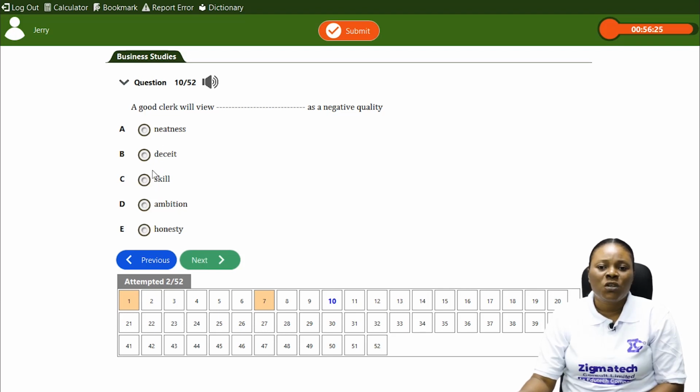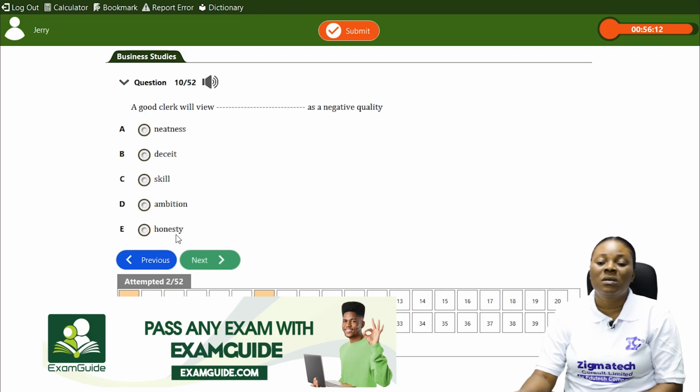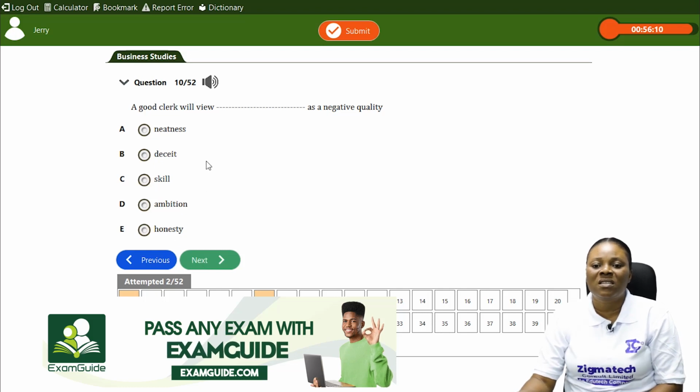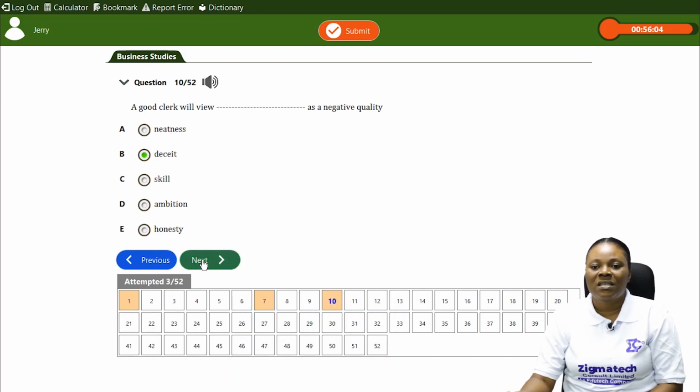The second option, deceit, is a negative quality. Skill is a positive quality. Having a good ambition is a positive quality. Honesty is a positive quality. So the only negative quality we have here is deceit. So option B is the appropriate answer.